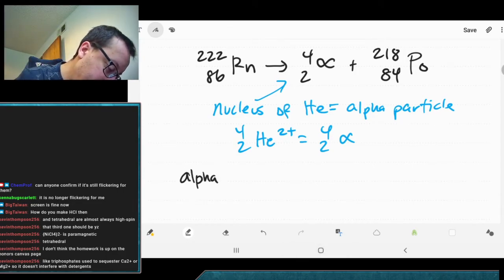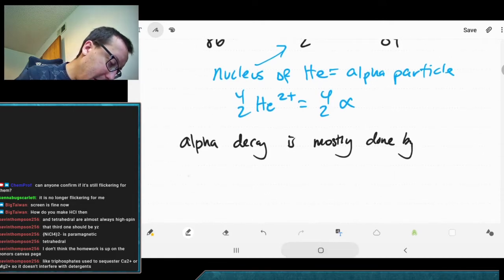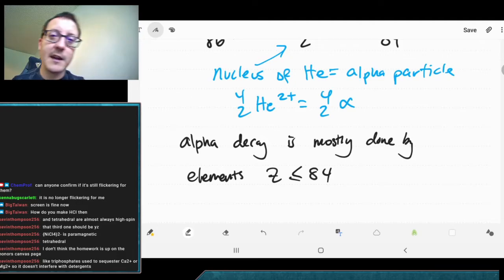Alpha decay is mostly done by elements with atomic numbers of 84 or greater. Typically, when we're looking at alpha decay, it's mostly done by things with atomic numbers of 84 or greater.